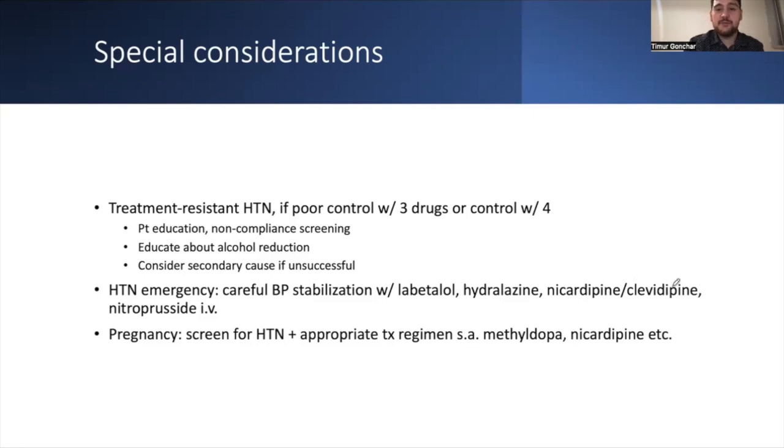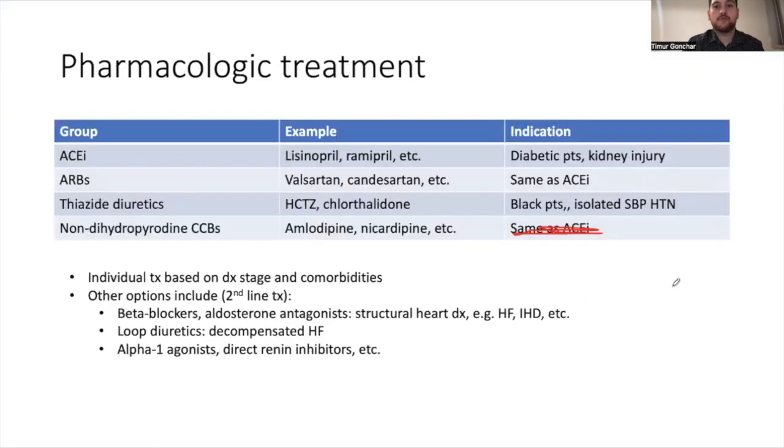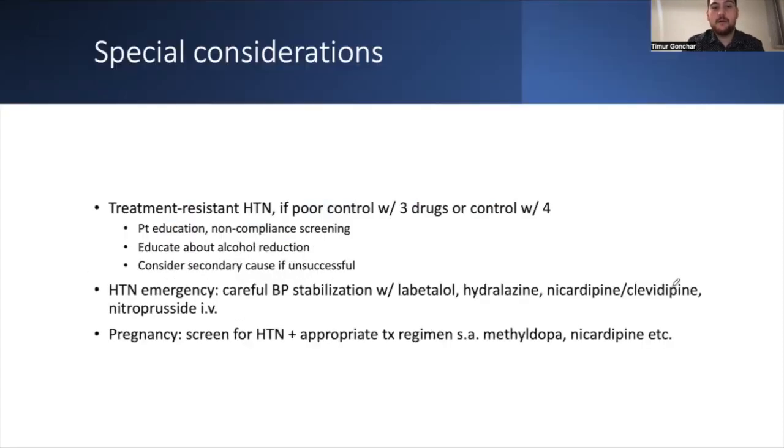Some special drugs are methyldopa, nicardipine, maybe clonidine, but those are special drugs for pregnant women. The reason is that a lot of drugs used for pharmacologic treatment are teratogenic, so they're dangerous for the baby. Drugs like ACE inhibitors or ARBs.